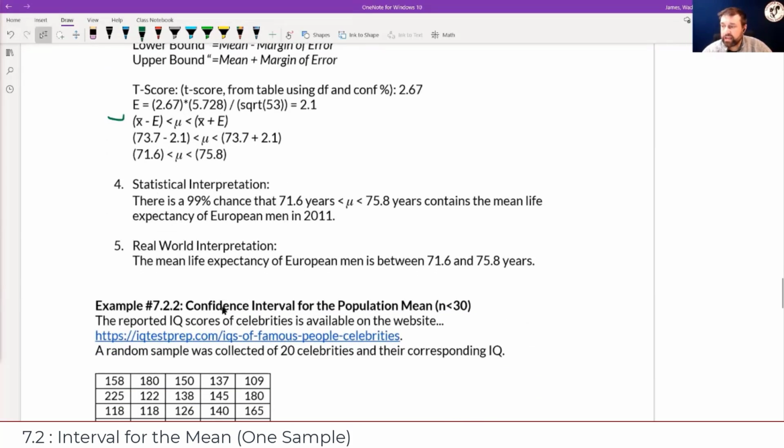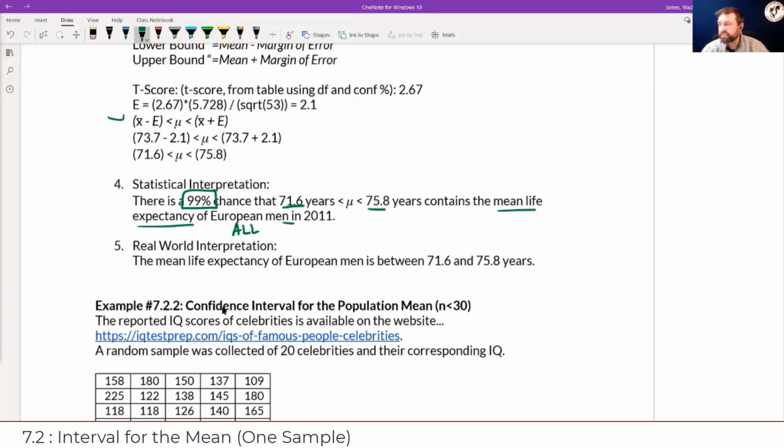And then what you can say is that there is a 99% chance that this interval from 71.6 years to 75.8 years contains the mean life expectancy of all European men in 2011. You're 99% confident that if you were to go out and sample the entire population, the average male lifespan would be between those two values.